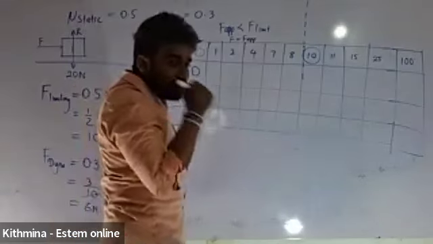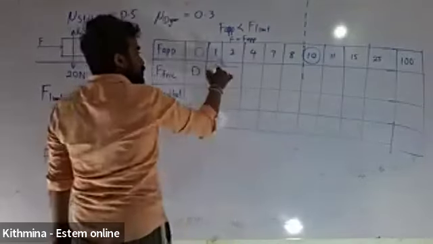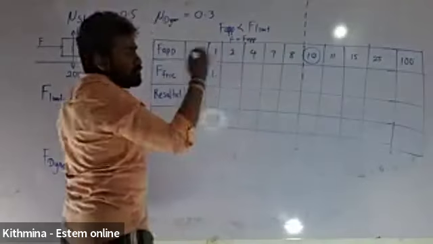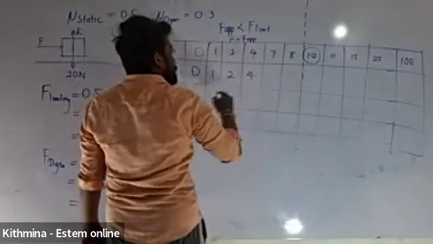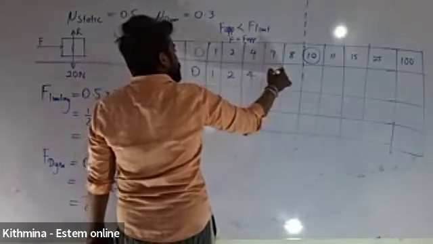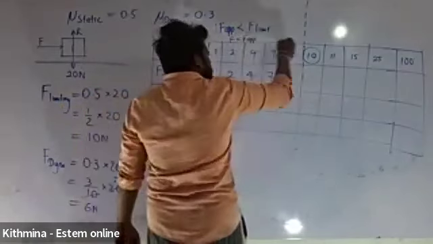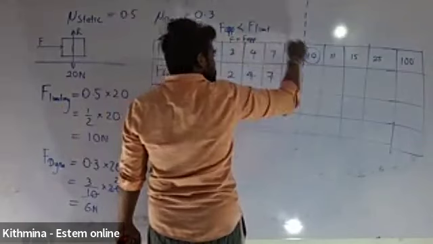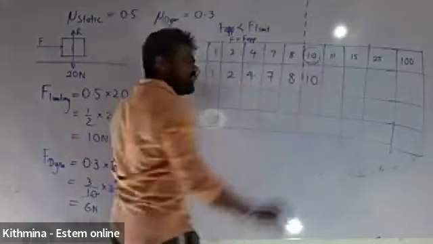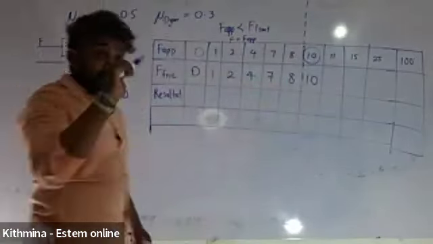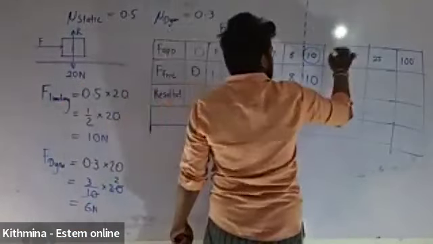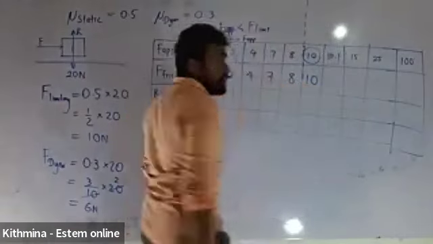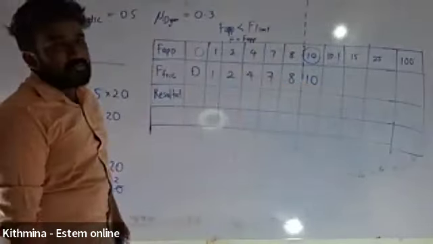If we apply 1 Newton, friction force is 1. If we apply 2 Newton, it is 2. If we apply 4 Newton, it is 4. If we apply 7 Newton, it is 7. If we apply 8 Newton, it is 8. If we apply 10 Newton, friction force is also 10. But if we apply 11 Newton, take this as 10.1 Newton.